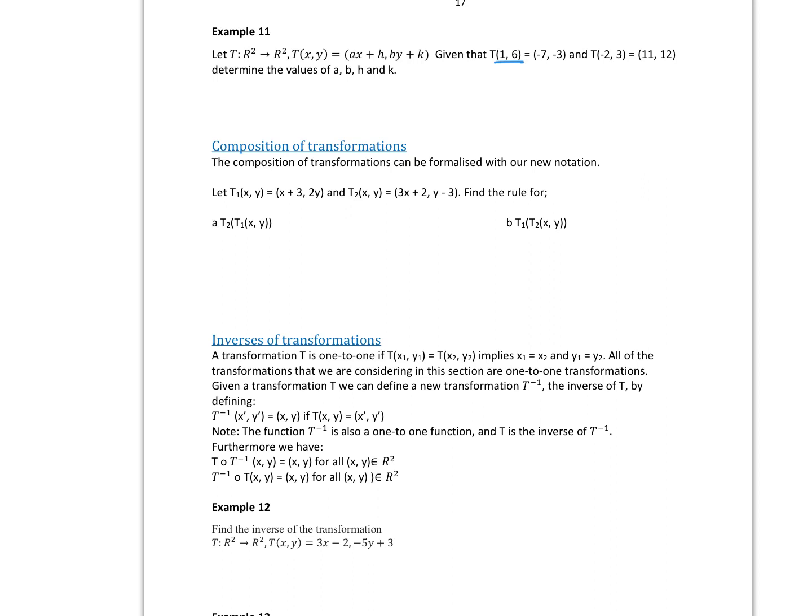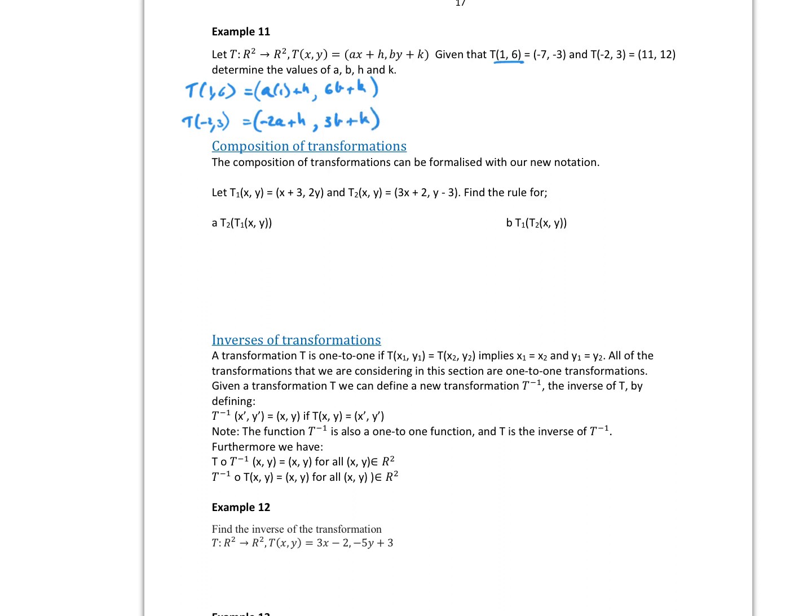So if I substitute that into my equation, I get the point T(1, 6) will equal (A times 1 plus H, 6B plus K), and the other point, T(-2, 3), is equal to (-2A plus H, 3B plus K).